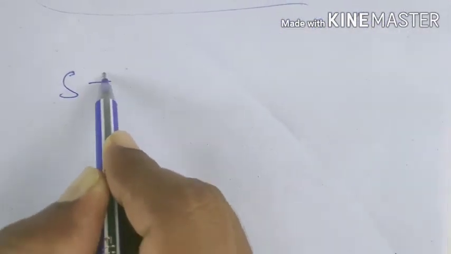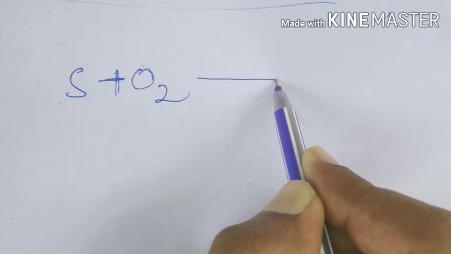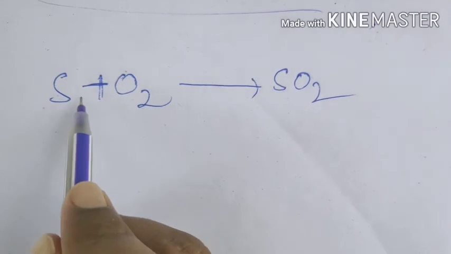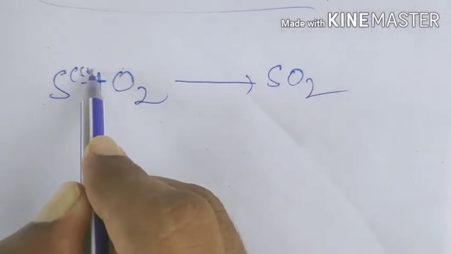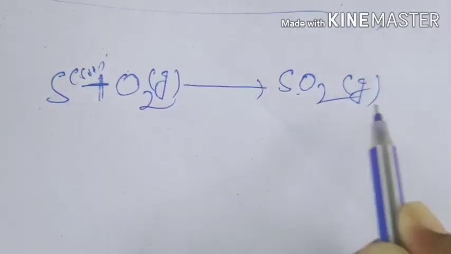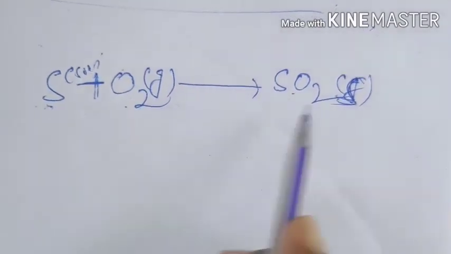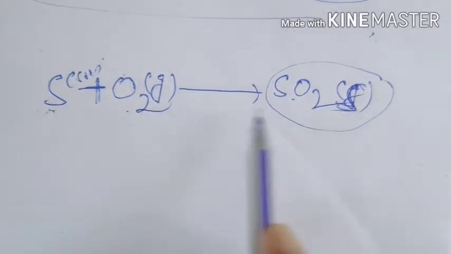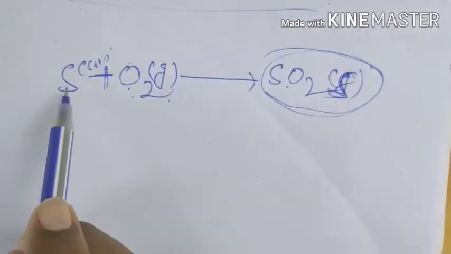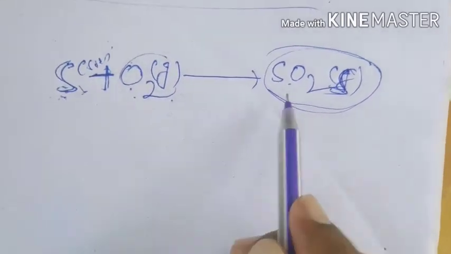Then sulfur, when it reacts in the presence of oxygen, O2, produces sulfur dioxide. Sulfur is a solid, oxygen is a gas, and sulfur dioxide is a gas.